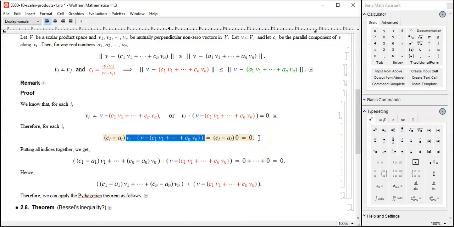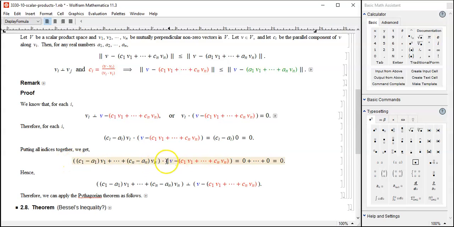Now putting all these together: C1 minus A1 times V1 plus C2 minus A2 times V2 all the way up to Cn minus An times Vn, dot product of the same thing, the orthogonal component vector.